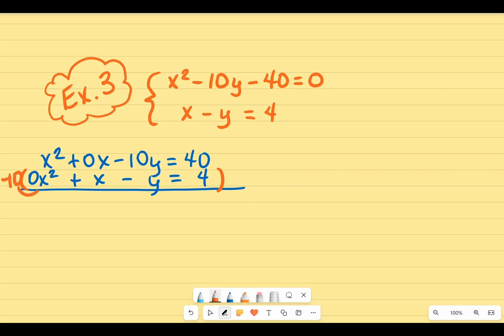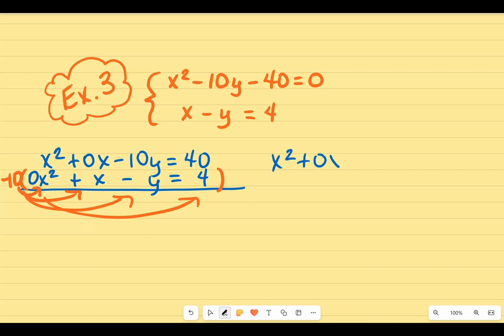Once I do that, I have to distribute to every term that I see, including after the equal sign. So that's going to look like x squared plus 0x minus 10y is equal to 40. On the bottom, that's 0x squared minus 10x plus 10y is equal to negative 40.